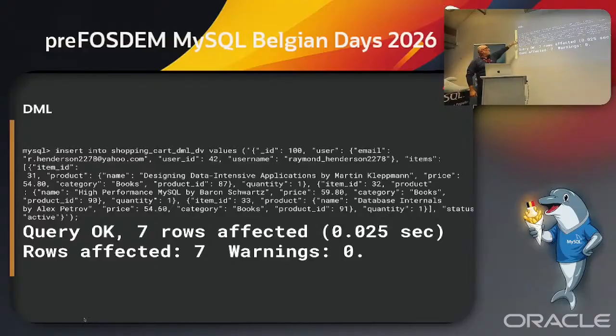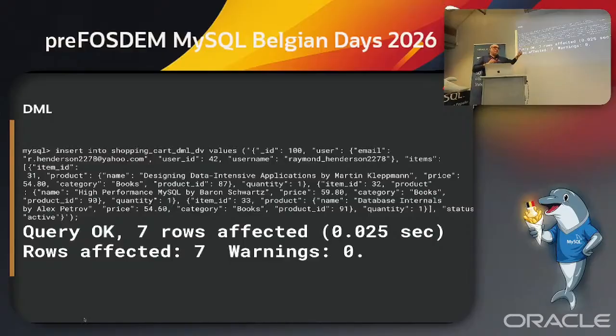This is an insert. Query okay, 7 rows affected. Why? Because actually, I changed the price of the products. So this insert inserted the shopping cart, but it also updated the price of the products.